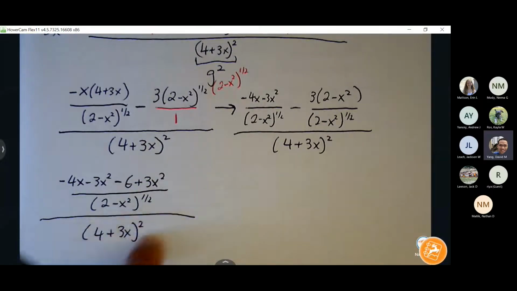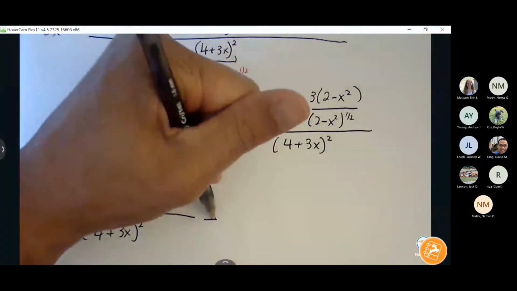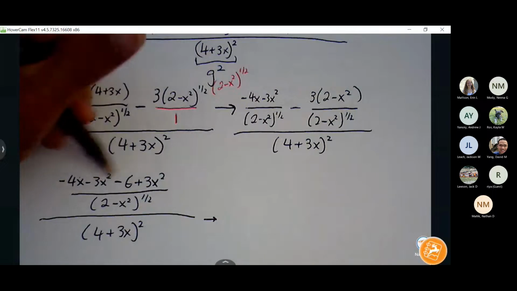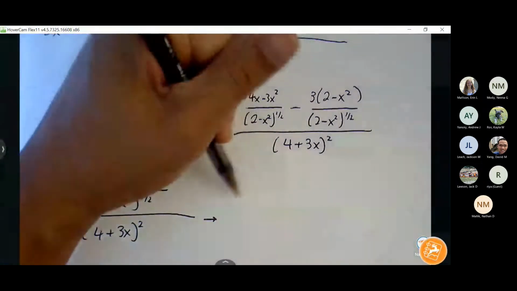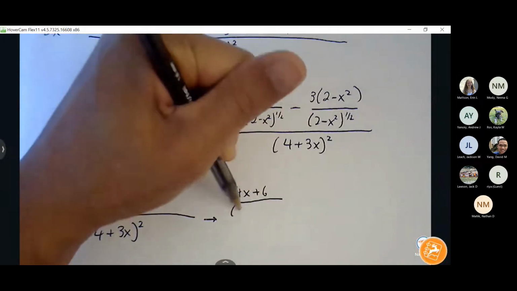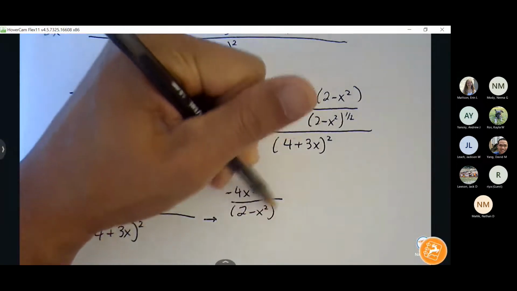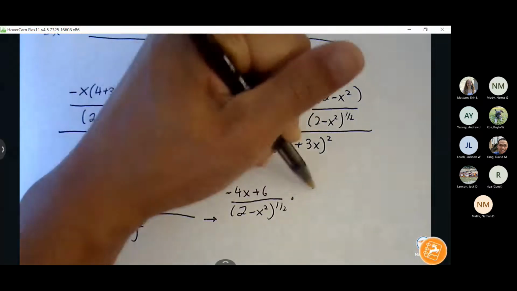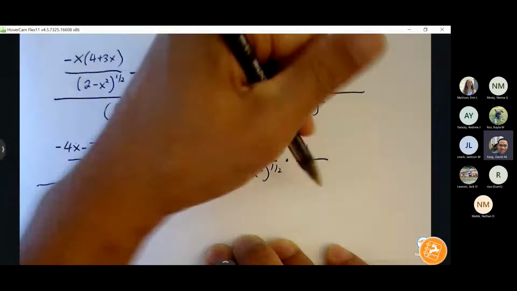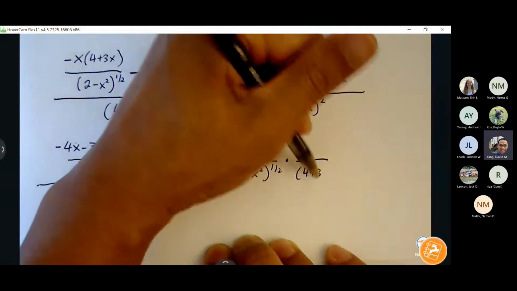Dividing by an expression is the same thing as multiplying by the reciprocal. Going to do some more cleanup as I do that. This goes away. The reciprocal of 4 plus 3x squared is 1 over 4 plus 3x squared.